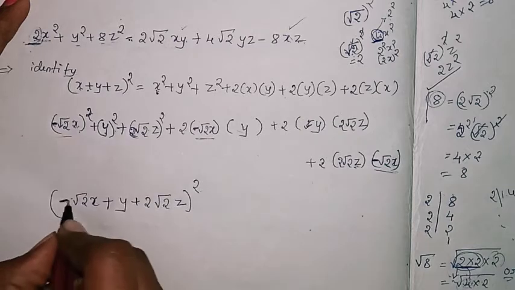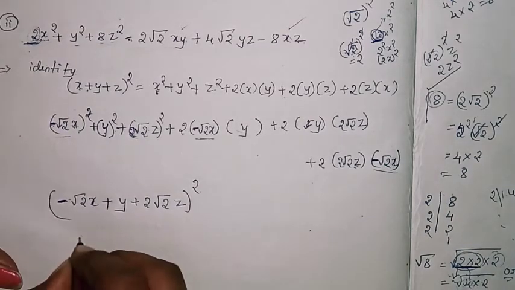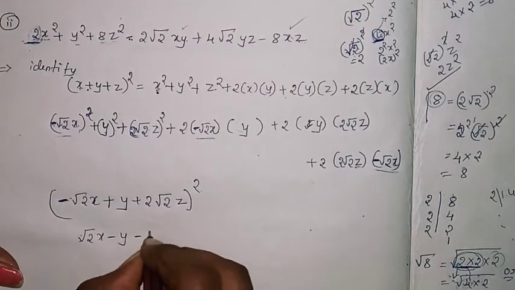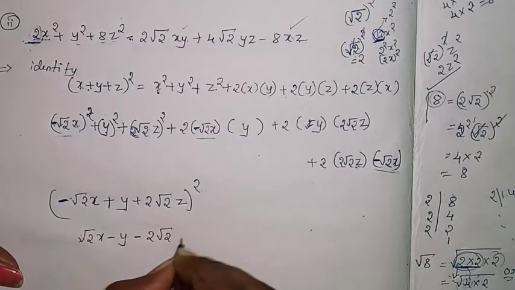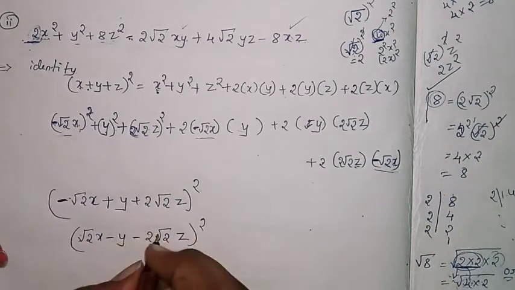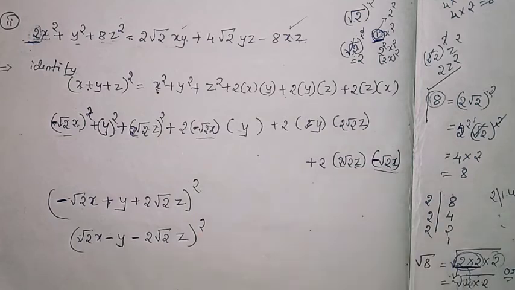Even you, as it is a negative, the first term is negative, so I will remove that one. So I will write 2x square root of 2x minus of y minus of 2 root 2 z whole raised to square. This minus, if you have taken the common, means other sign will get changed.